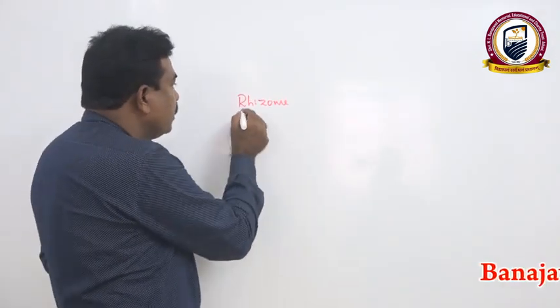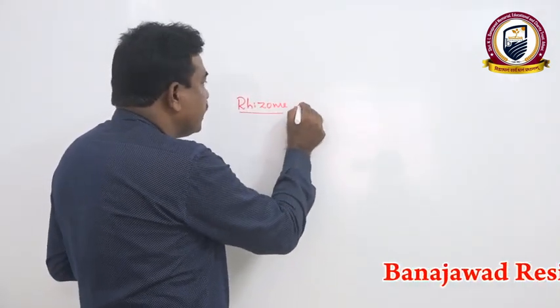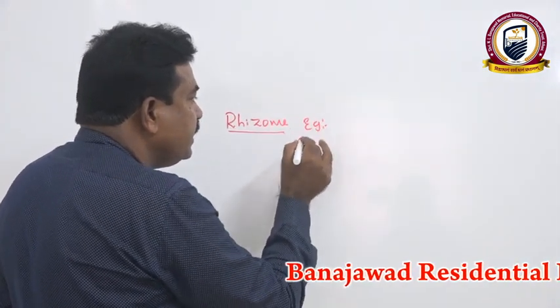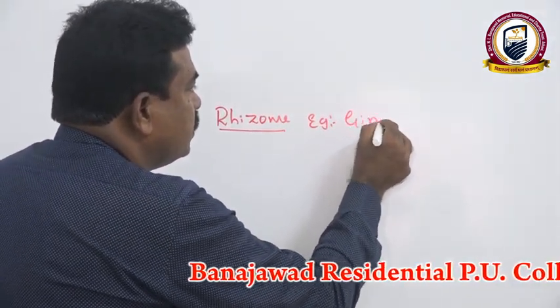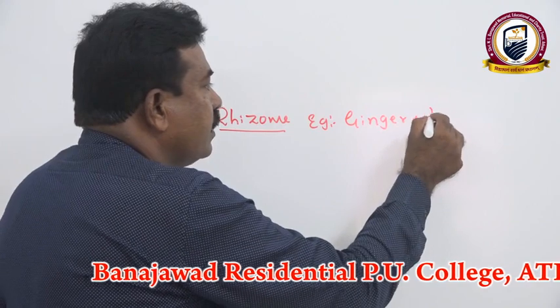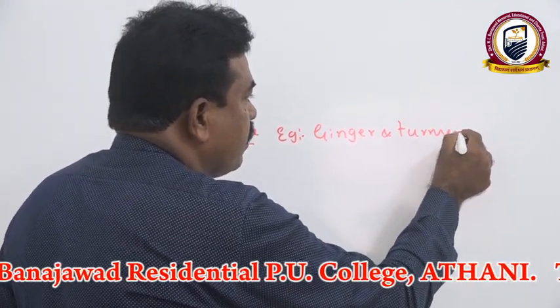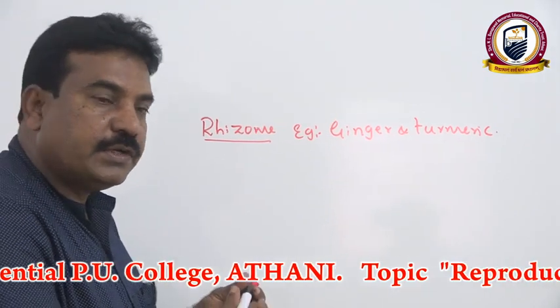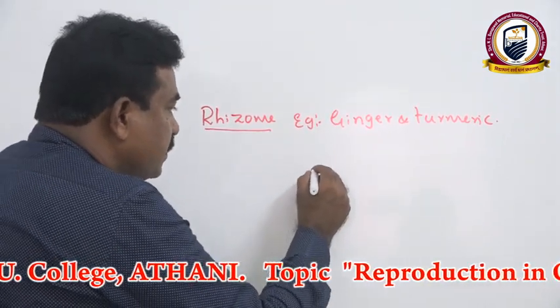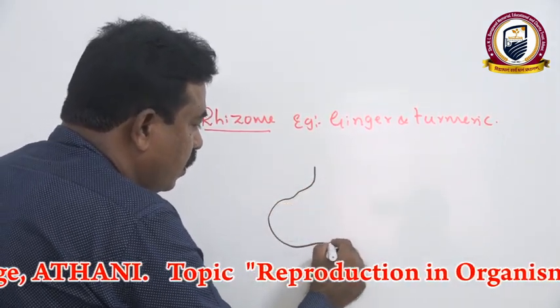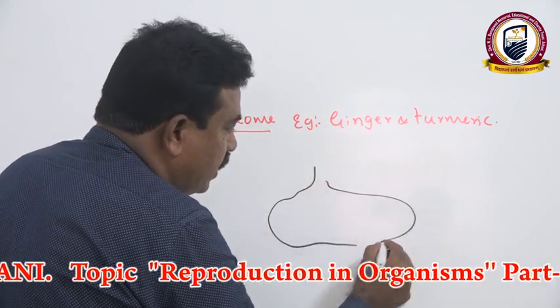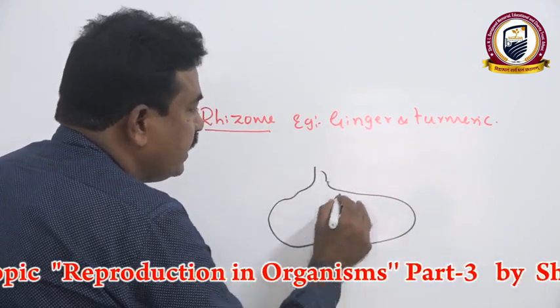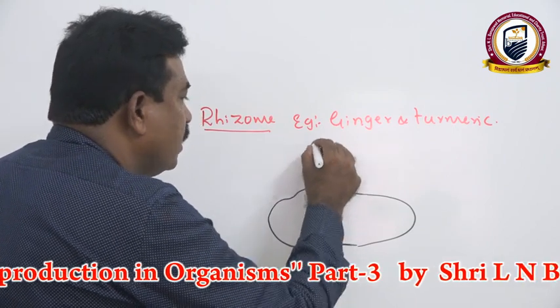If you consider another vegetative propagule, rhizome, we see it in the case of ginger and turmeric. In these plants, before the onset of summer, a stem grows horizontally and forms a special structure.